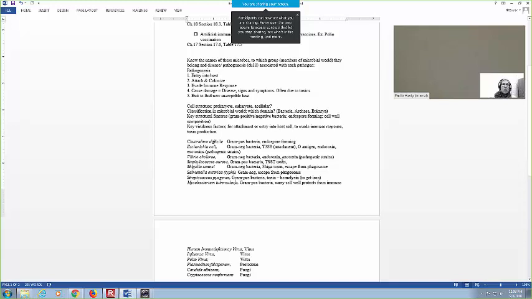But it also produces, like we saw in the lab, hemolysins, since it lyses the red blood cells on the blood agar plate. Shigella is also a toxin-producing species of bacteria, producing the Shiga toxin. And there's a Shiga-like toxin that's also part of the pathogenesis of some strains of E. coli.